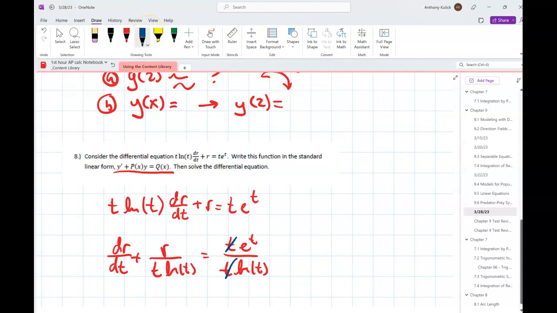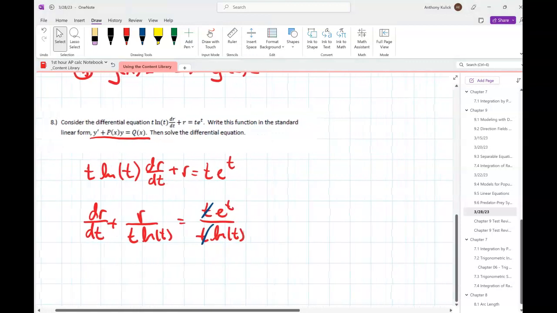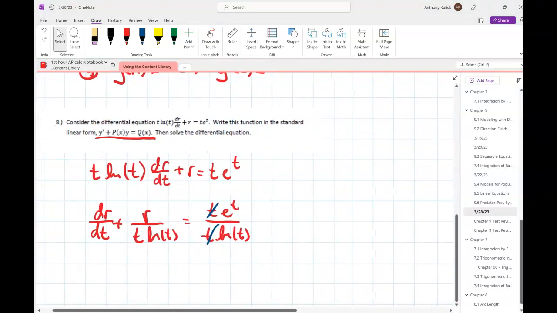And I notice that stuff is going to cancel. So far, so good? So the r is like my y.